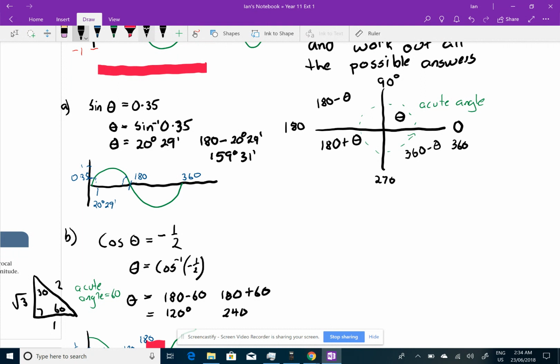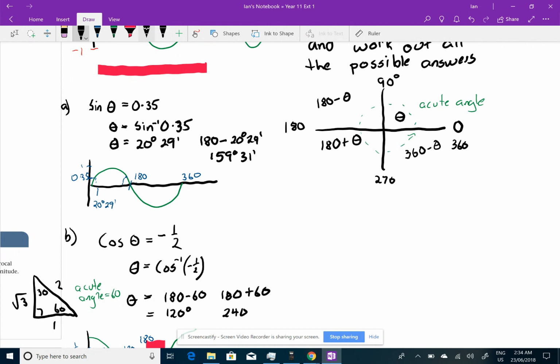So you find the acute angle for the ratio. You don't care about whether it's positive or negative. You find the acute angle for the ratio. You look at the curve and see where that ratio is positive or negative. And then if it's in the second quadrant between 90 and 180, you minus that acute angle from 180.